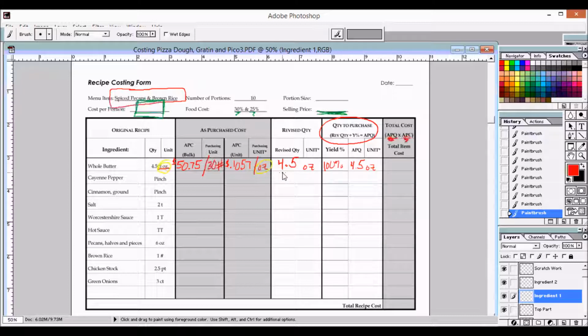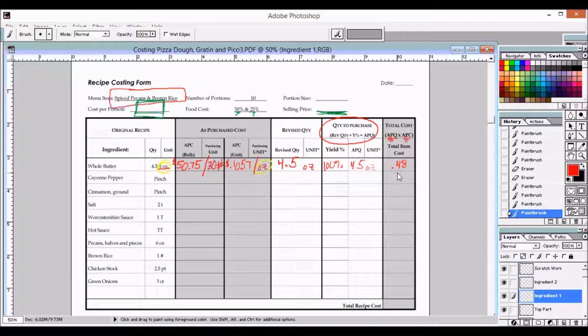So all I'm going to do is take the 0.1057 and multiply it by the 4.5 ounces, and I end up with 0.47565, so 0.47565 or, if you want, I can change that and simply make it 0.48. Either one is acceptable. If it's money, you just go ahead and round it after the hundredths place and you're good to go. And that's how you cost out the whole butter.